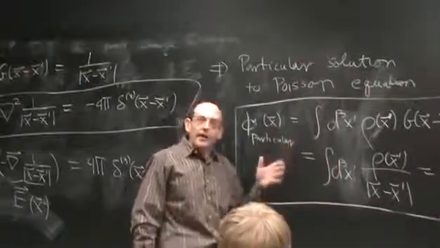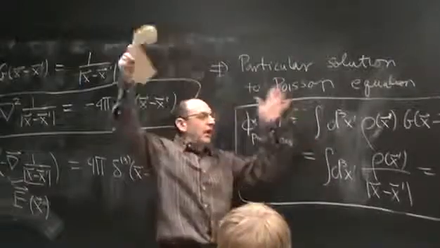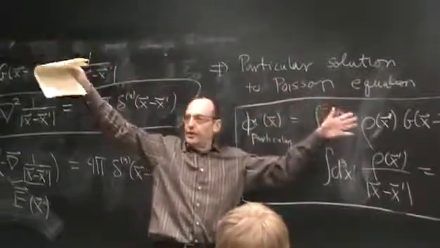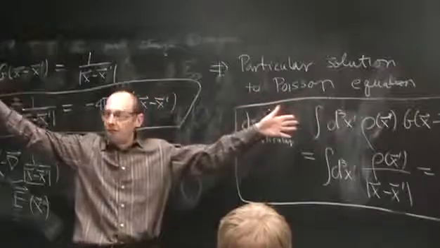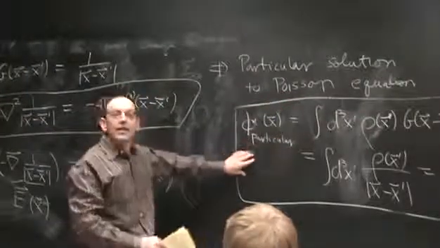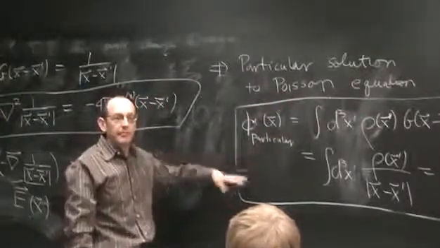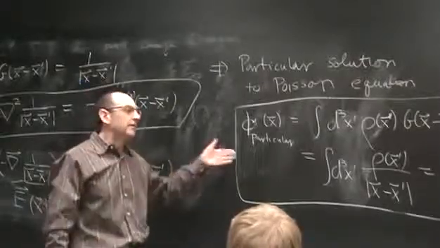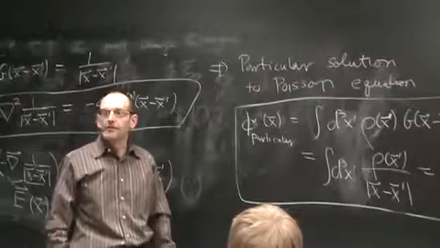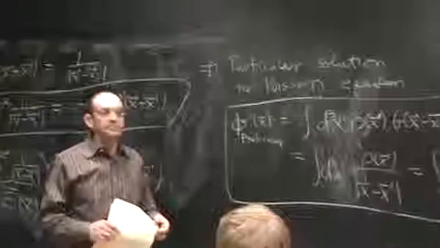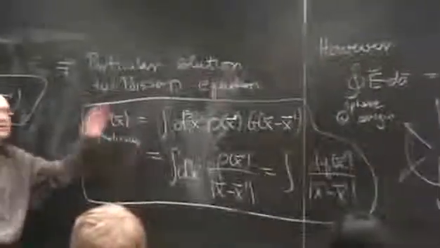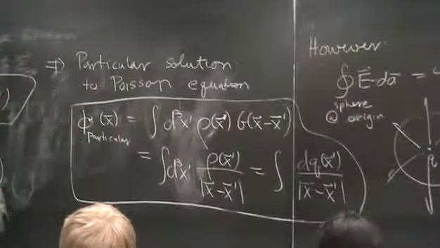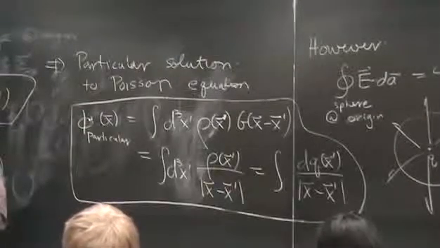This assumes there are no other boundaries with other voltages and charges on them that are not included in this particular solution. We'll come back to that next time. So this is the formal solution to Maxwell's equations for electrostatics.